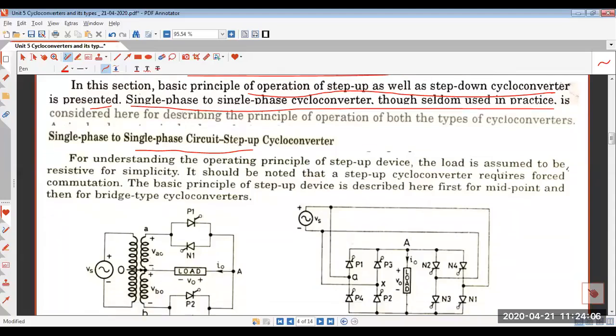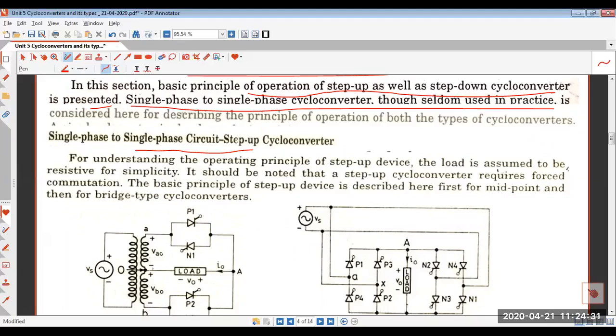There are two types of circuitry. This is also one of the categories of cycloconverters. Either the circuit can be a midpoint cycloconverter, or the second category is the bridge type cycloconverter. This is based on their construction, how the SCRs are used in the circuit.